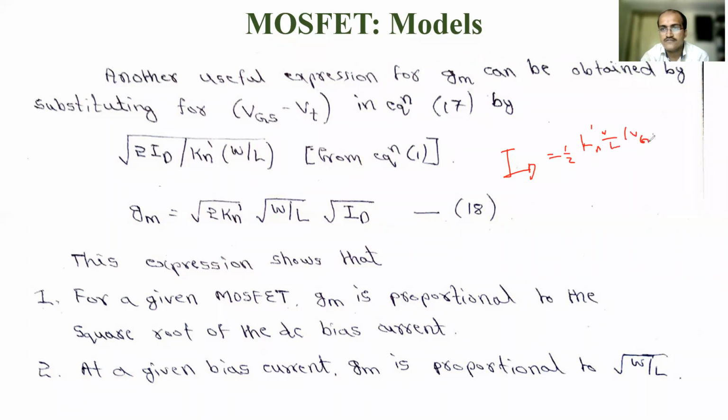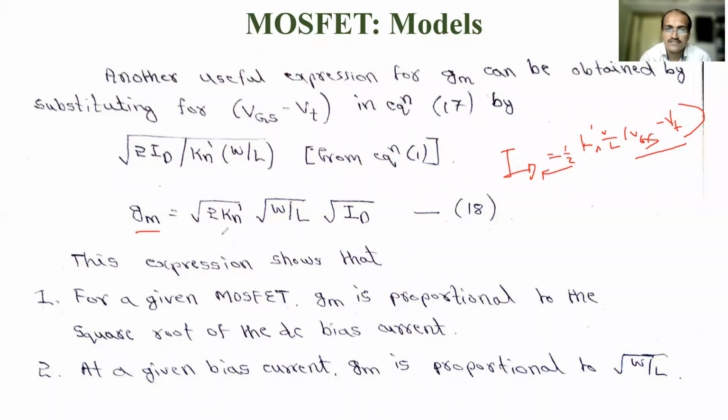So from this, I have made a little modification for VGS minus VT. If I write the expression for VGS minus VT, the 2 will come to this side, and it becomes 2 ID divided by Kn dash W by L. That is what I will substitute in the gm equation.